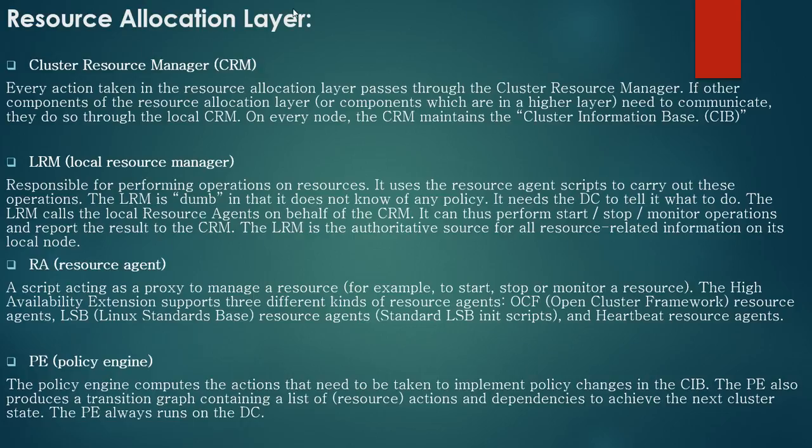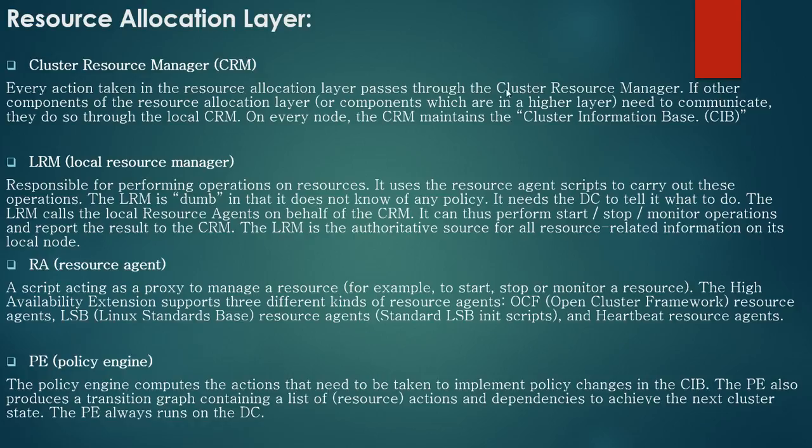And the next thing is the resource allocation layer. In this layer we have quite a few components, and the first one is the CRM. So what is CRM? Every action taken in the resource allocation layer passes through the cluster resource manager. It is a major component and plays a very important role, because whatever action we tell the cluster to do has to go through the cluster resource manager, right?